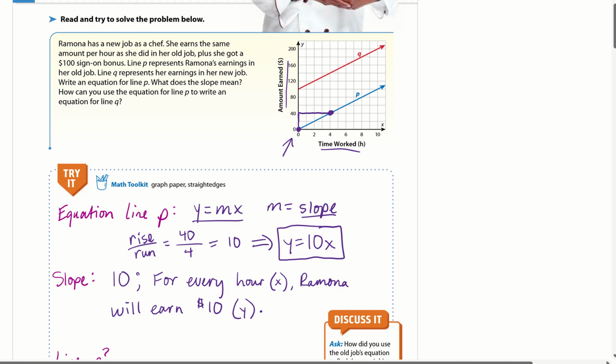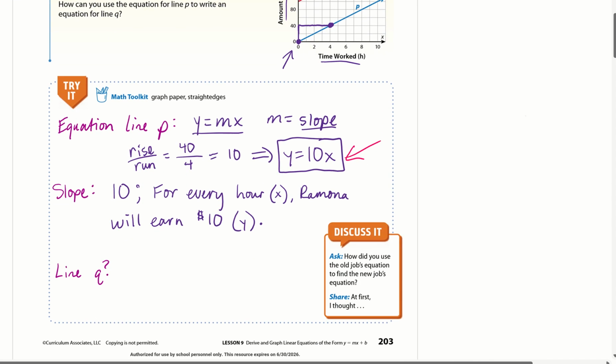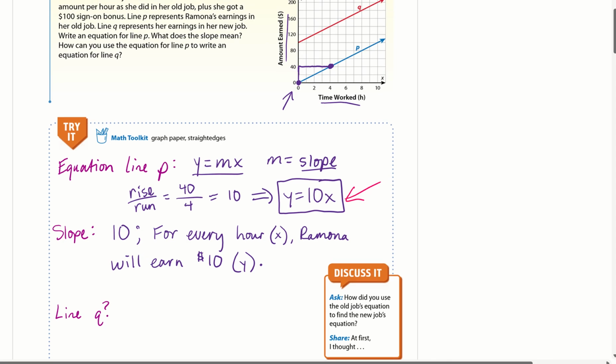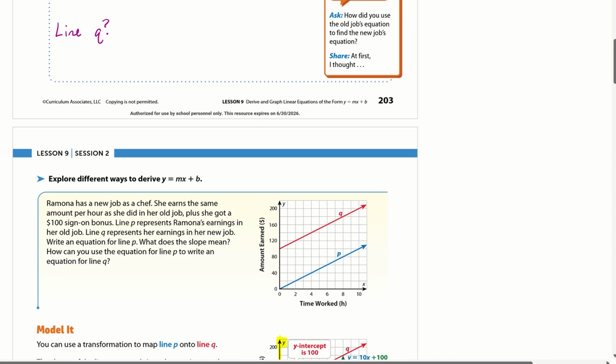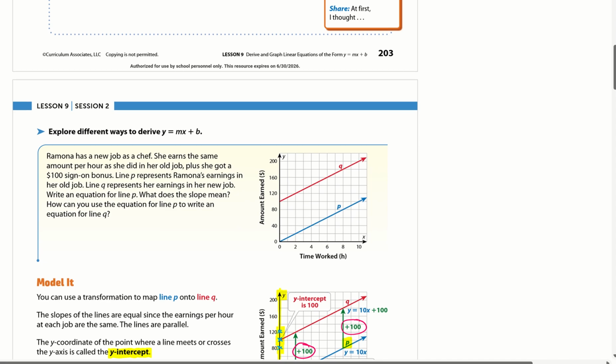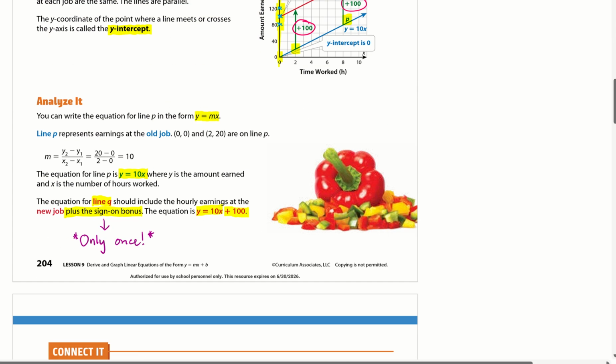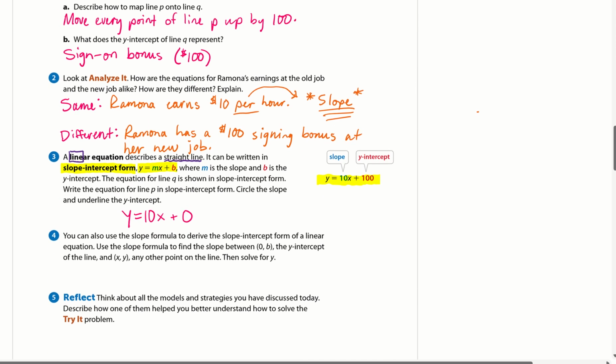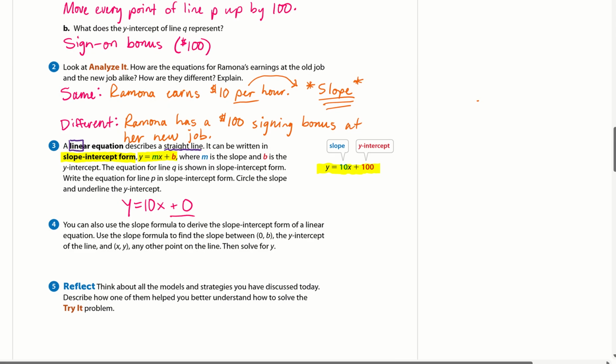All we do for slope-intercept form is make sure that we add in the y-intercept. If we look at the y-intercept on this same graph, our y-intercept is 0. So all we're doing there is adding 0 right there for b.